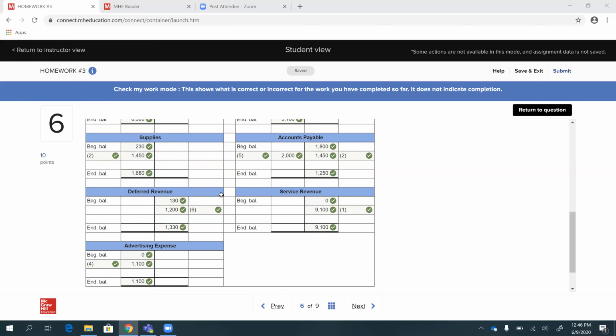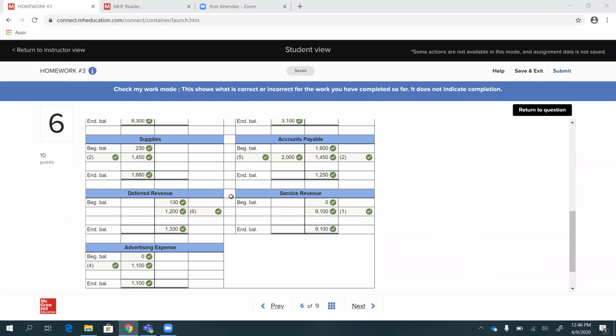If we go back and add up our credits, $1,250 ending in accounts payable, $1,330 ending in deferred revenue, and $9,100 ending in service revenue, we should have the same ending balance.